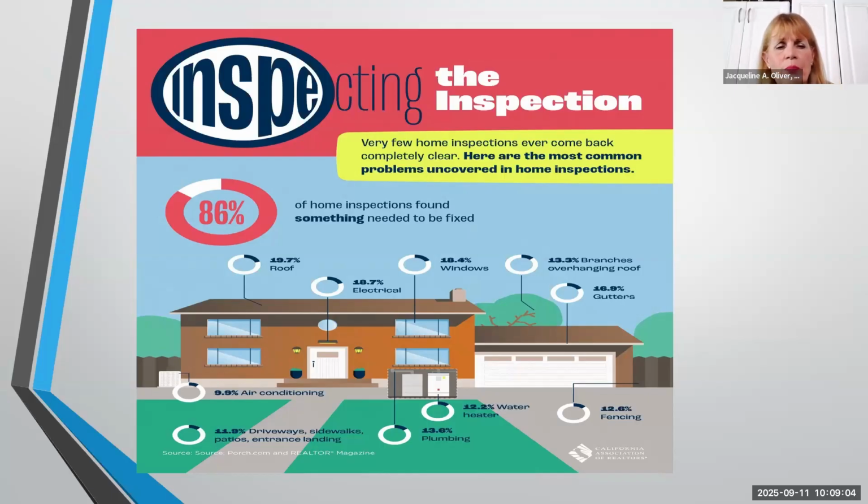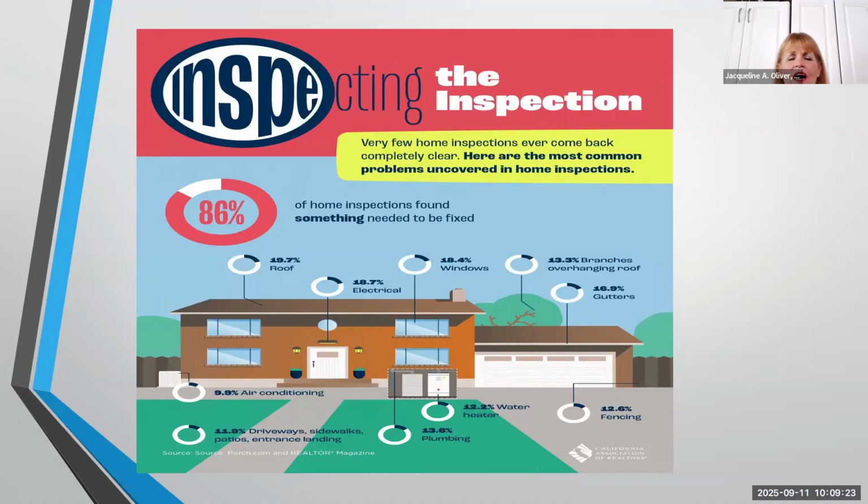So if you'll take a look at this picture, it says that 86% of the home inspections found something that needed to be fixed. Of that 86%, almost 20% is the roof.